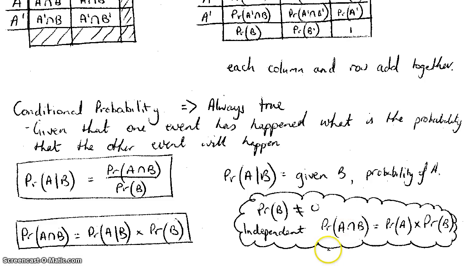If they're independent, that means the probability of A and B happening together is equal to the probability of A multiplied by the probability of B. So what you end up with is the probability of A and B being the probability of A times the probability of B, all over the probability of B, which means those two cancel out, and all you get is the probability of A happening. That's if they're independent, they don't affect each other at all. But that only happens sometimes. It doesn't happen most of the time.